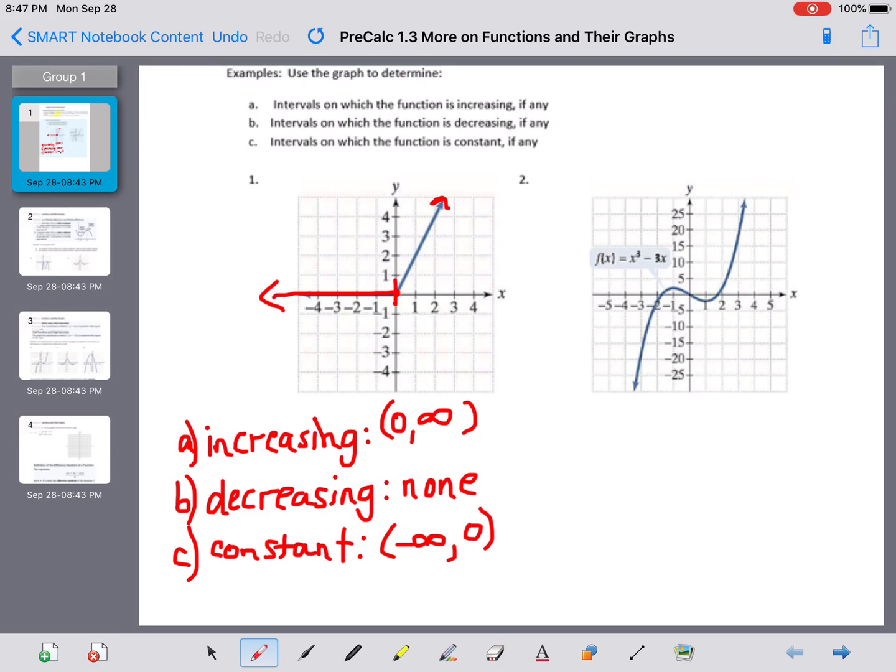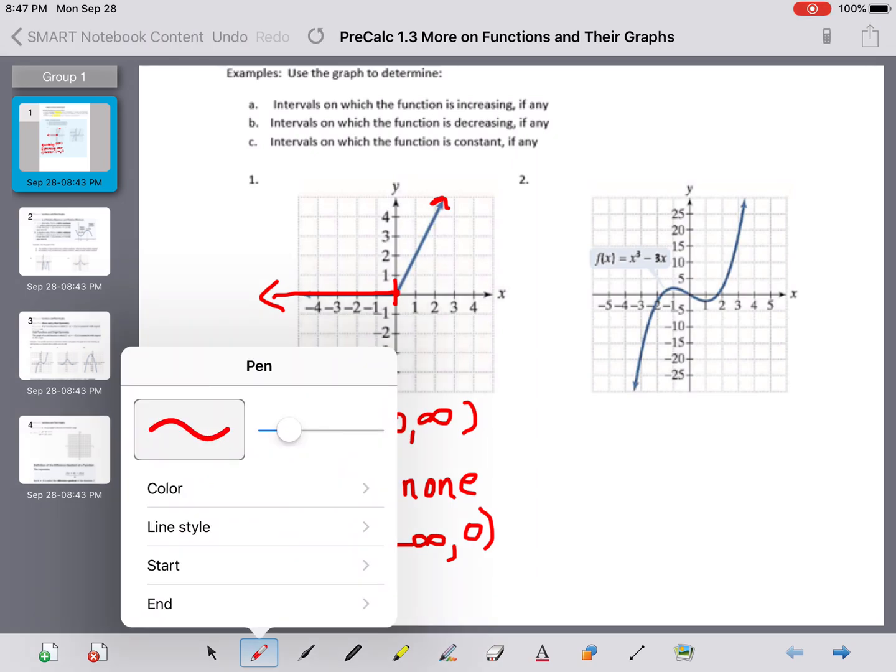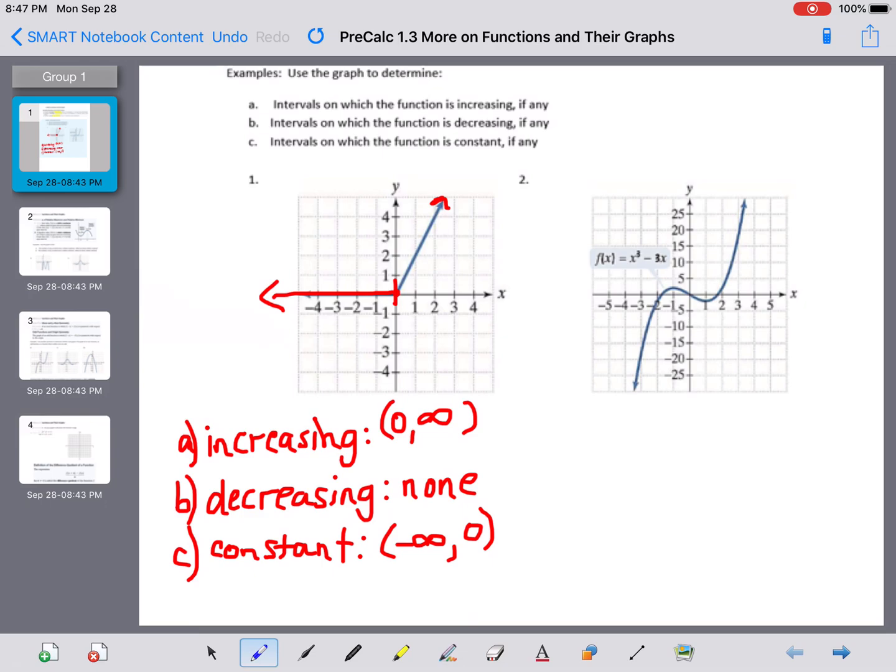Okay, it's all about the x when I list these intervals. So I'm looking at the y to determine increasing, decreasing, and constant, but I list the interval by the x values it is between. All right, so the next one here, definitely more going on here, so we could have more than one part to our answer. So I'm looking for anywhere in my graph where my y is increasing. Well, it looks like from here until I get to here, so I stop right there, it's increasing.